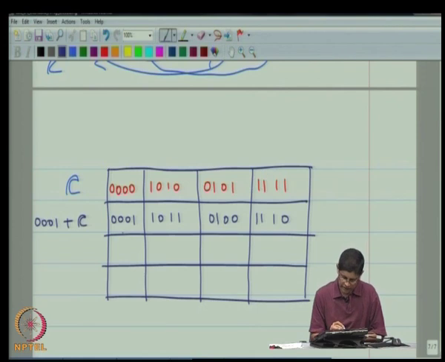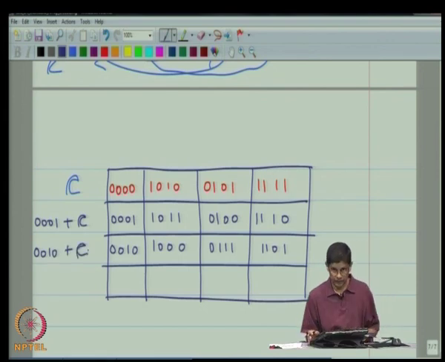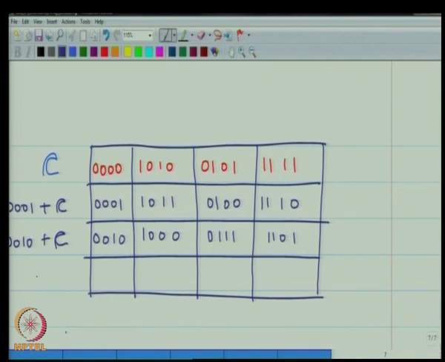Now I notice that I have exhausted one Hamming weight 1 vector here, another one here. So let me try another one which has not been taken up, 0 0 1 0. So then this becomes 1 0 0 0, 0 1 1 1, 1 0 1. So this coset is therefore 0 0 1 0 plus C. The last coset will be, I have used up all the Hamming weight 1 vectors.